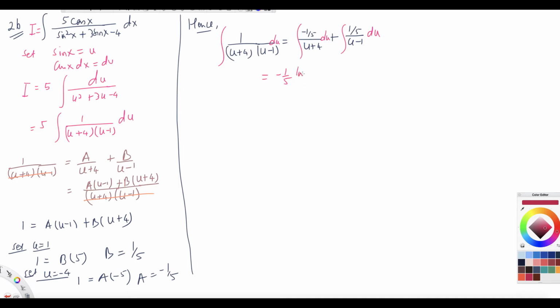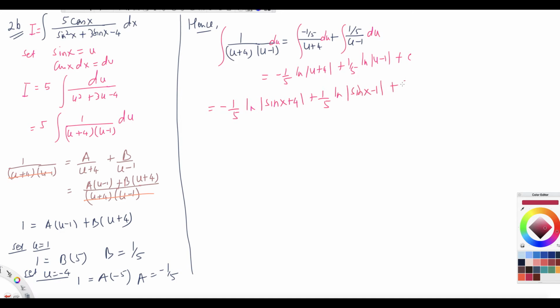So it will be natural log of u plus 4 plus 1/5, and similar case natural log of u minus 1. But what is our plus c? What is our u though? U is sine x, right? So the final answer will be negative 1 over 5 natural log of sine x plus 4 plus 1 over 5 natural log of sine x minus 1.